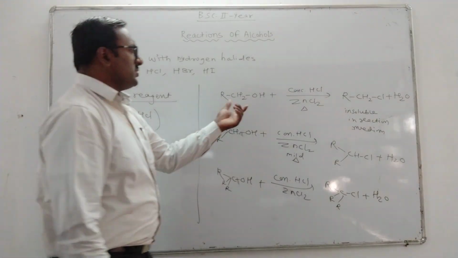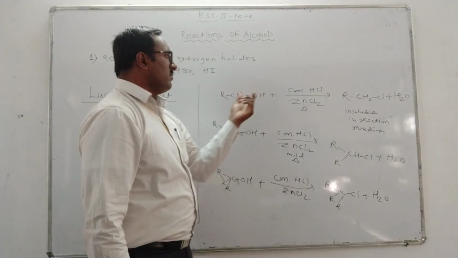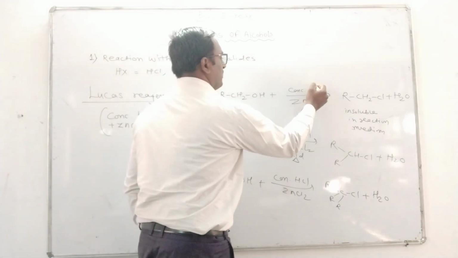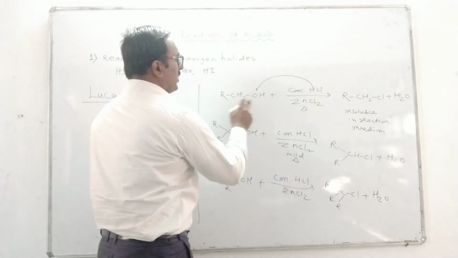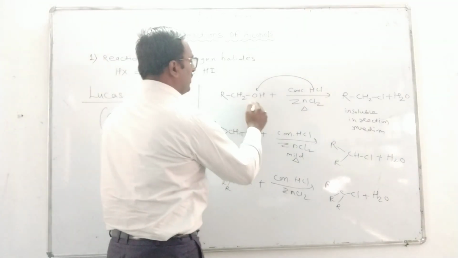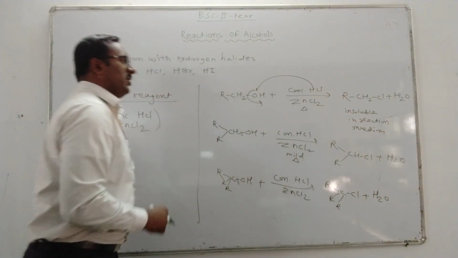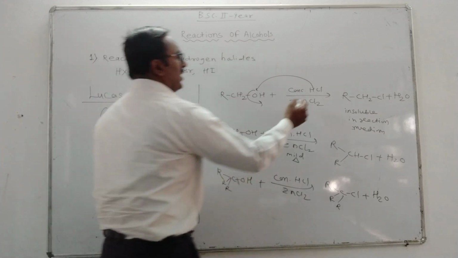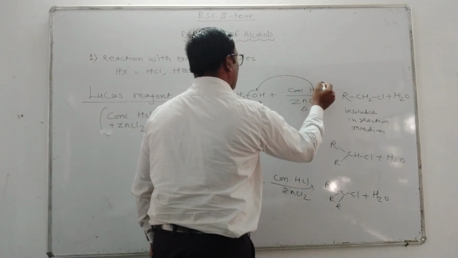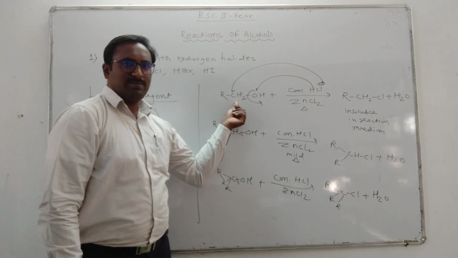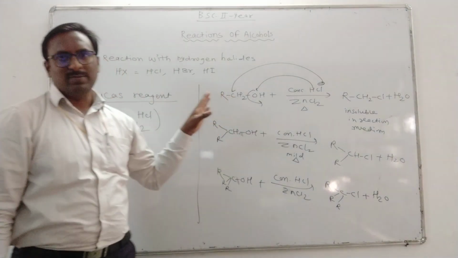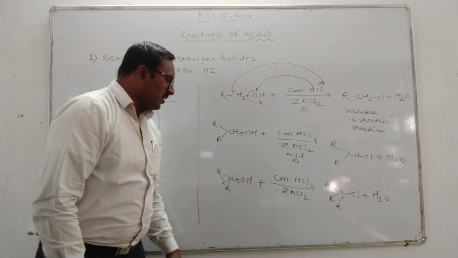This reaction proceeds with a protonation step. First of all, the acid will protonate the alcohol, then the protonated alcohol undergoes removal of a water molecule, and Cl minus makes a nucleophilic attack on the carbon atom. So this is the reaction mechanism part.